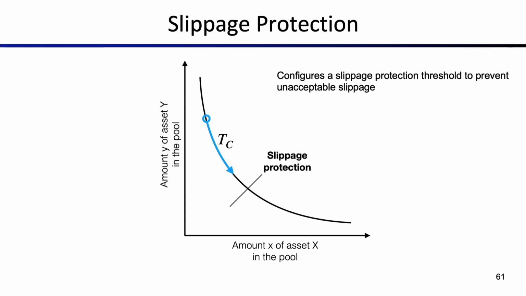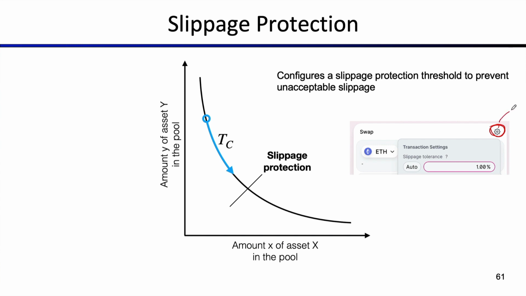So the slippage protection in essence is really similar. However, the way you specify it, for example, on Uniswap, is by clicking on this little icon here currently in the UI. And then you can, for example, specify 1% or 0.1%, or Uniswap also has an auto setting.